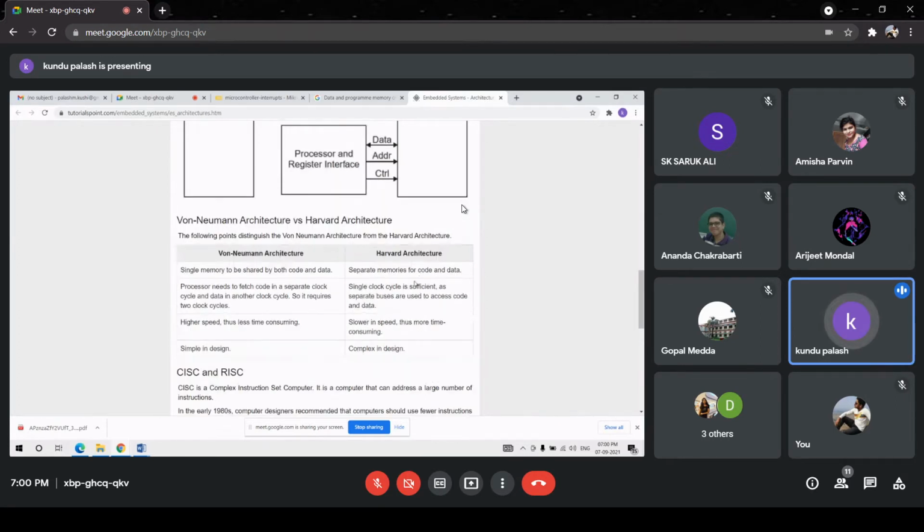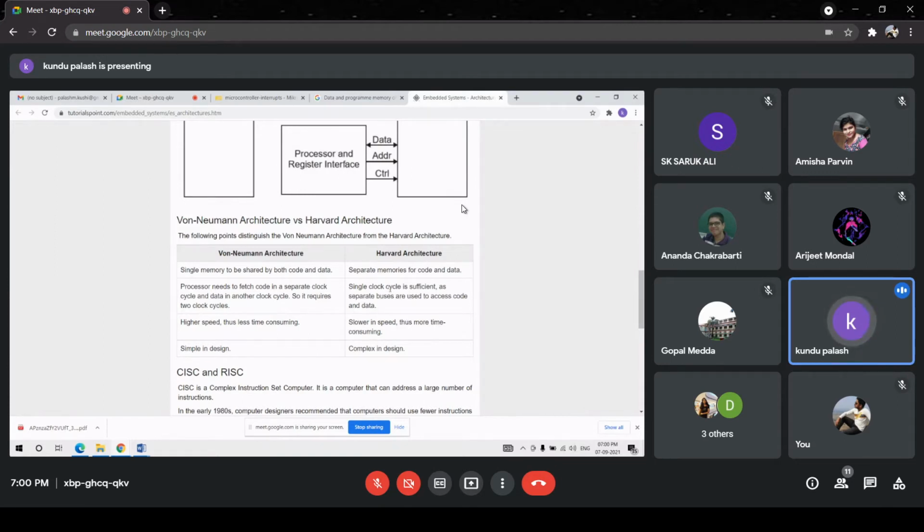In Harvard architecture, there are separate memories for code and data. In von Neumann architecture, only a single memory block is shared by both code and data. The processor needs to fetch code in one clock cycle and data in another clock cycle, so it requires two clock cycles.